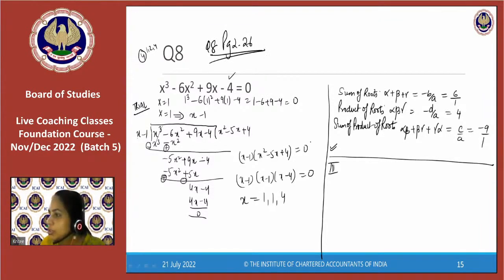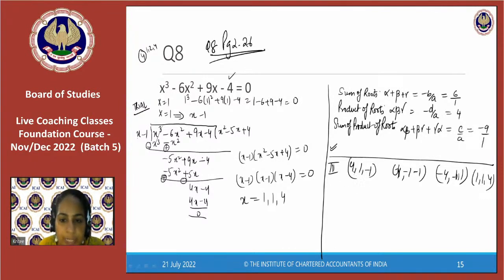Okay, so you have been given these options: 4, 1 and minus 1; minus 4, minus 1 and 1; and then 1, 1, 4. So we'll try with the first one. See, 4, 1 and 1, these are 3 separate values of x.